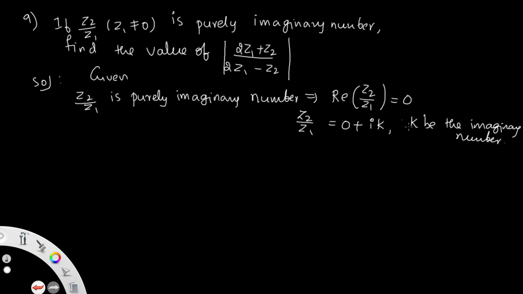So z2 by z1 is treated as 0 plus ik. Why? Because the question says purely imaginary, which means the real part should be 0. It is in the complex number form 0 plus ik.